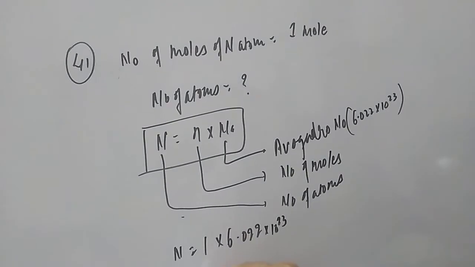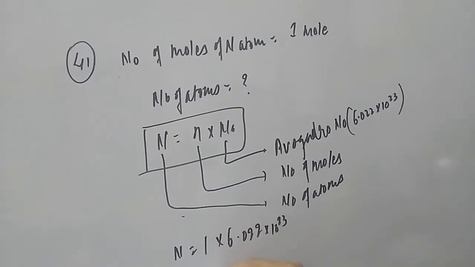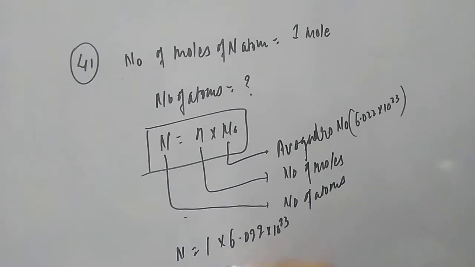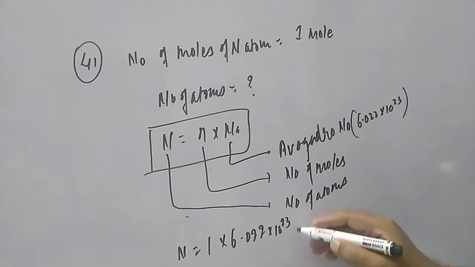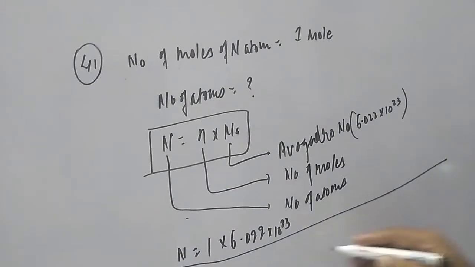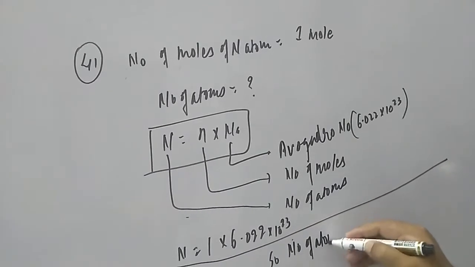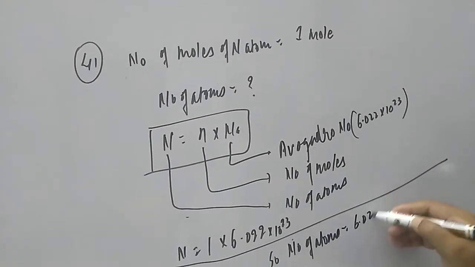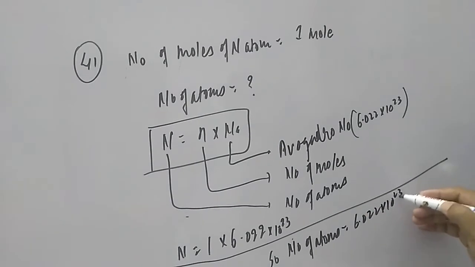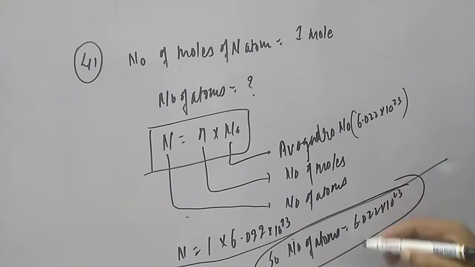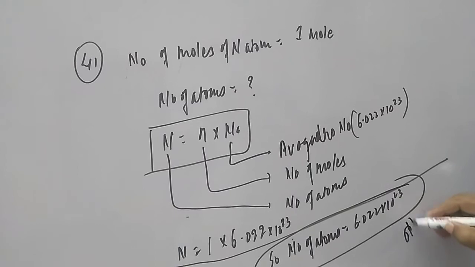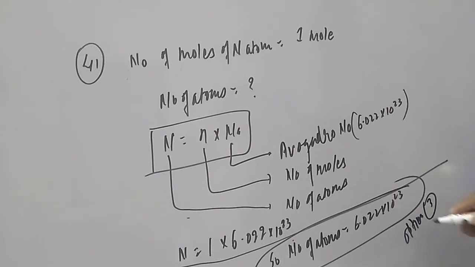Because of a small board, everything we cannot write. So the number of atoms, how much will come, student? That is 6.022 into 10 power 23. Okay, so the correct option will be option number 3. Which option number, student? Option number 3 is the correct option.